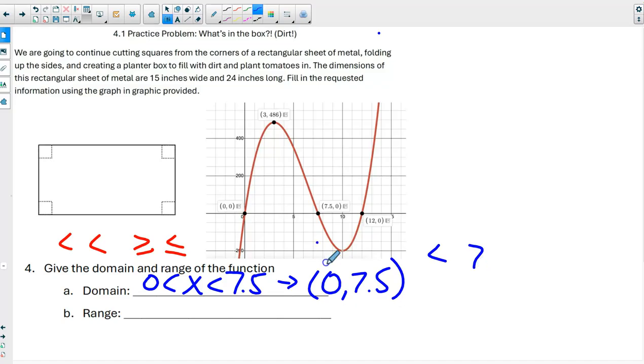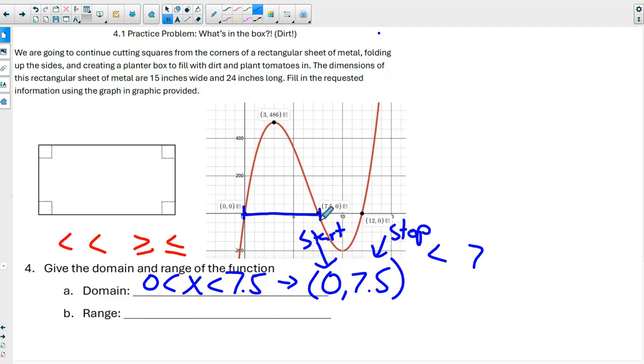Basically all you do is that's my start, and that's where I stop. And so my domain starts right there and stops right there. Okay, so that's one way of looking at it. You can use that if you like. Honestly, I prefer that way. I think it's way easier. Some people like the inequalities, and we want you to get used to it, so it is what it is.